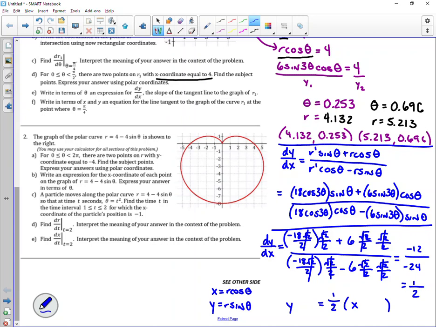What is r? R is 6 root 2 over 2. Where do we find that? I found it here, because that's r, right?